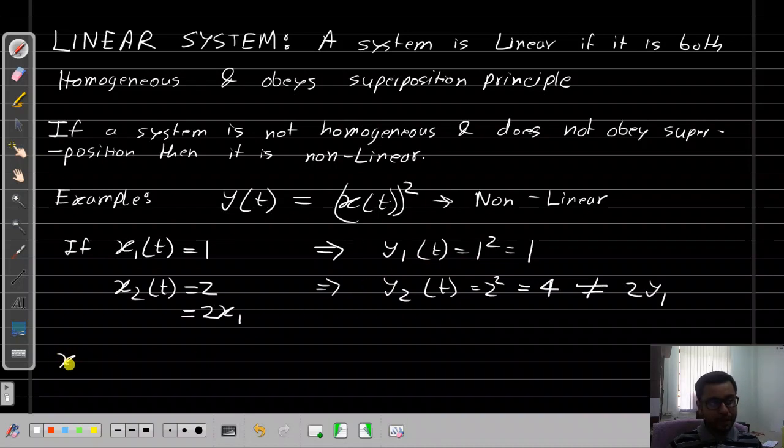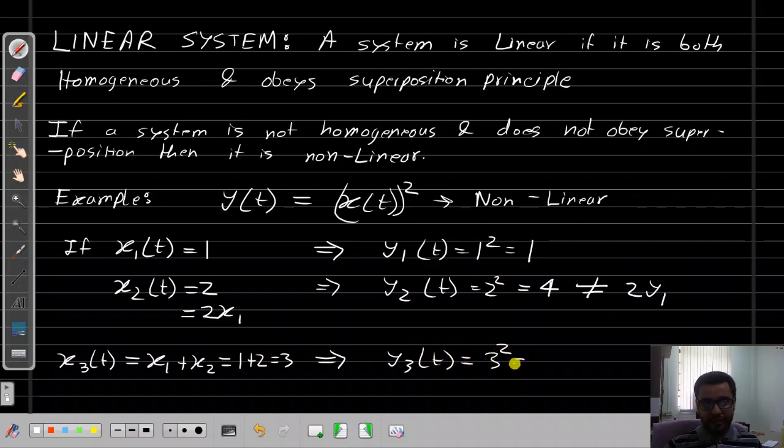Similarly, if you apply x3(t), which is sum of x1 plus x2, that is 1 plus 2 equal to 3, then the output y3(t) will be 3 squared equal to 9, and that is not same as 1 plus 4. So superposition principle is also not obeyed.